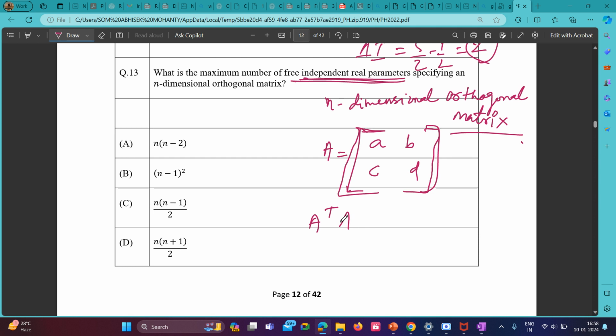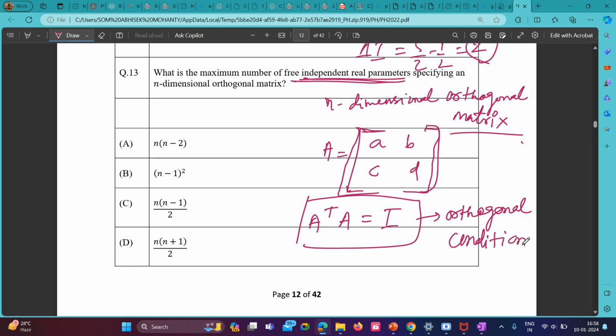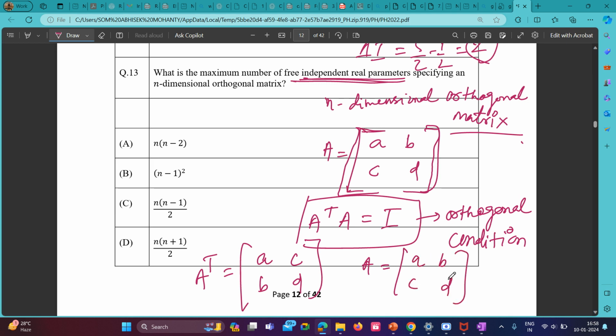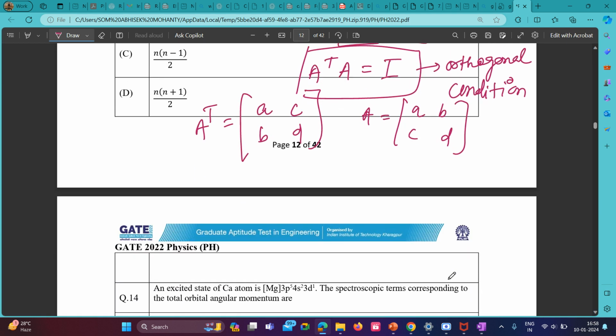A transpose into A is I, the orthogonal condition. Right. So A transpose would be a, c, b, d, and A is a, b, c, d. So let's multiply them and see.